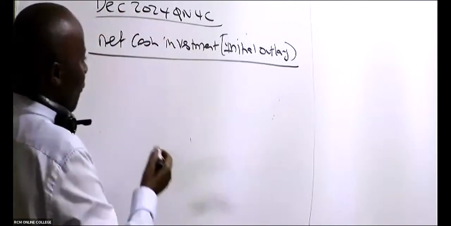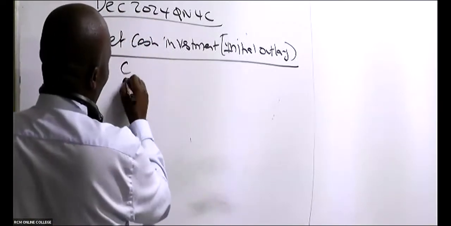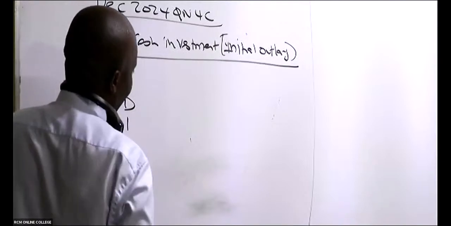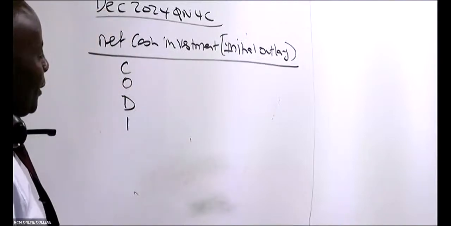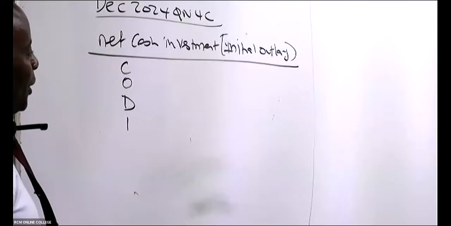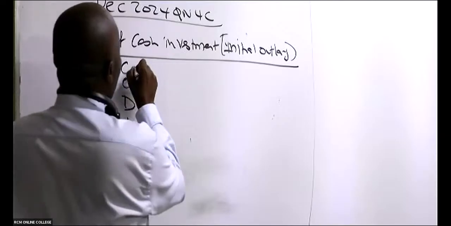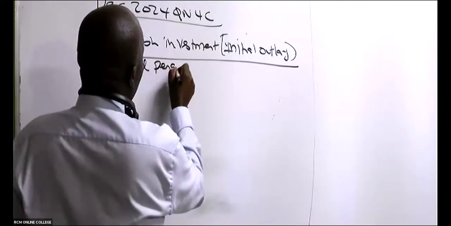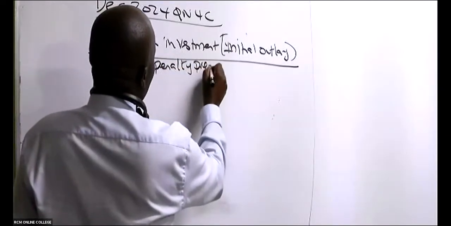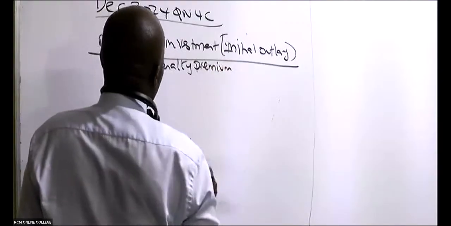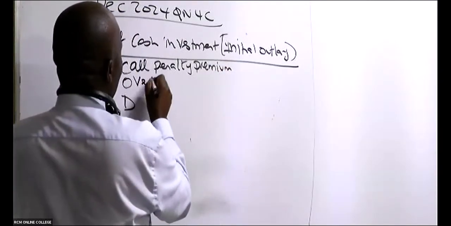Here you will always be forced to remember what we call CODI. CODI, this of course is the call penalty premium. We have the overlapping interest.